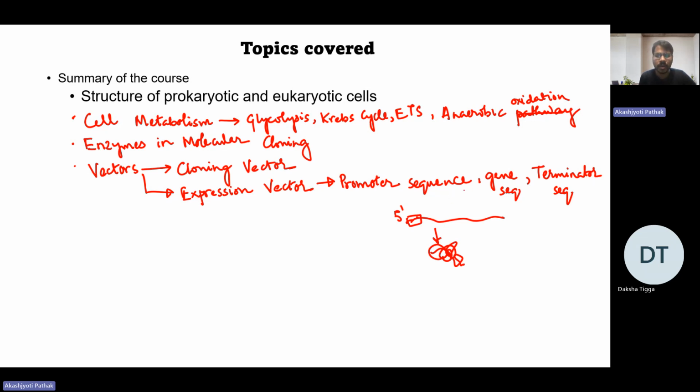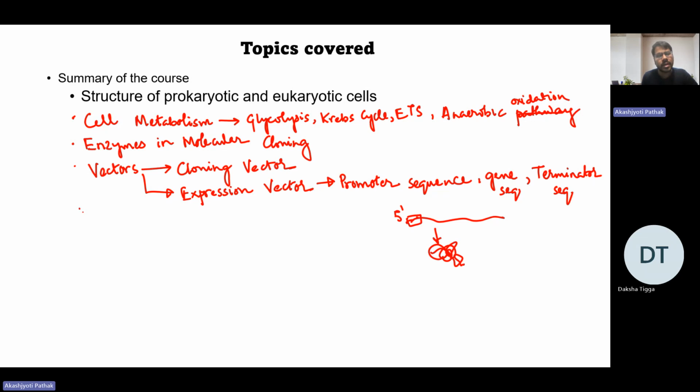So the ribosome binding sequence and the promoter sequence must be present in an expression vector, while these sequences are absent in a cloning vector. Okay, so this is the major difference between a cloning vector and an expression vector.